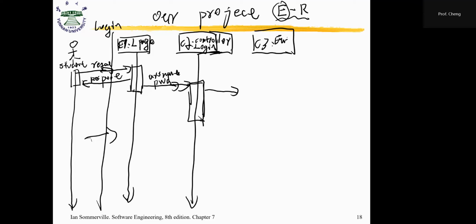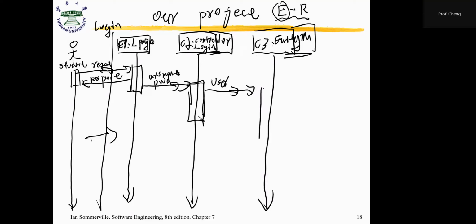Here is entity. Entity management. Like username and password, it will create a user entity. It will invoke a user entity. And where is the entity actually stored?